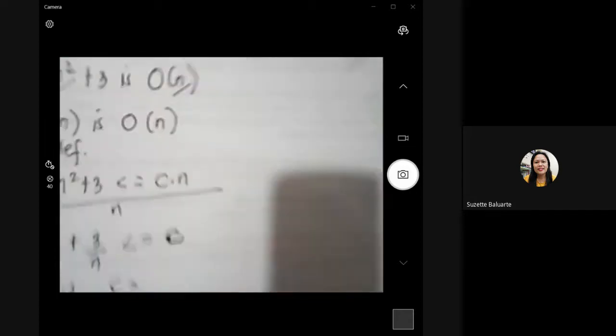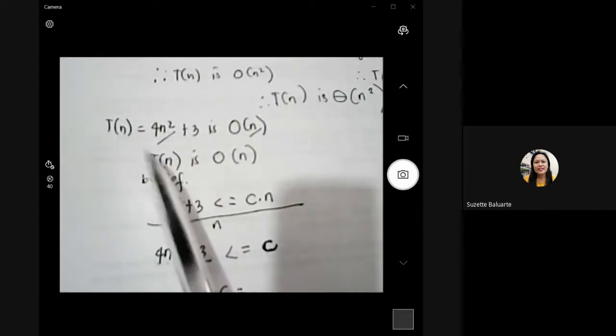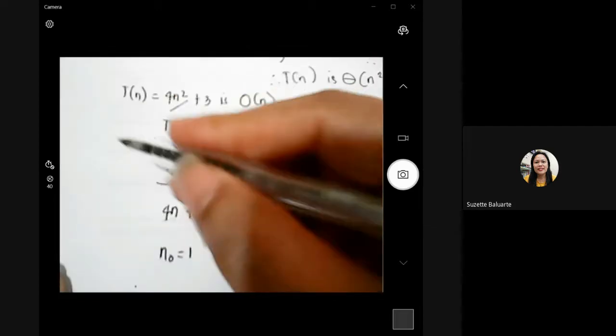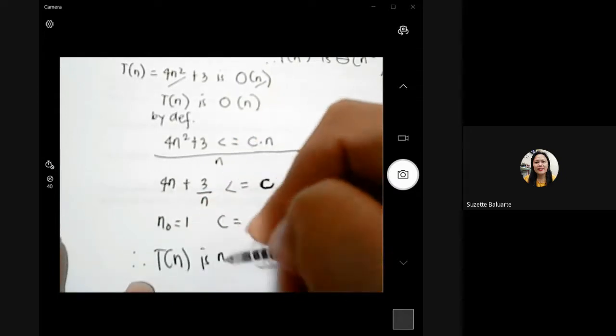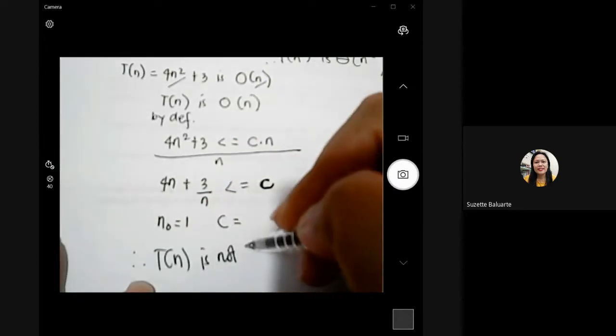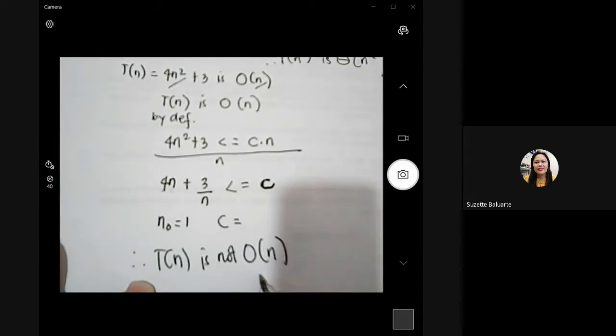Pero kung inani gayung mahitabo, like kani atong gi-prove, therefore, your T of n here is not O of n nga given.